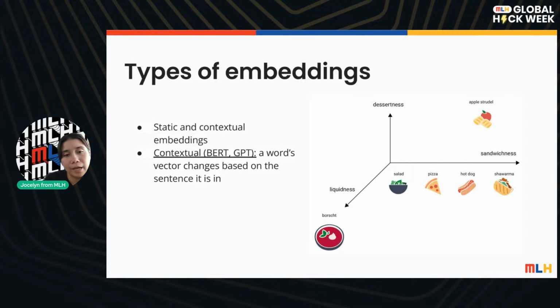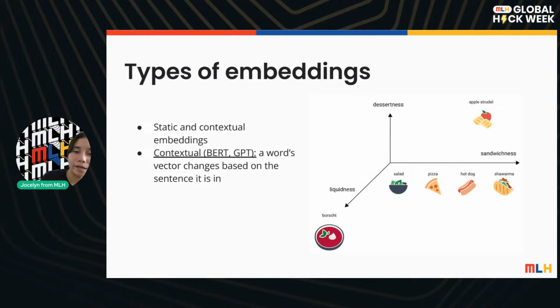Now we have different types of embeddings here. You can have static and contextual embeddings. Some contextual embeddings are, for example, BERT and GPT, and it means that a word's vector changes based on the sentence that it is in.